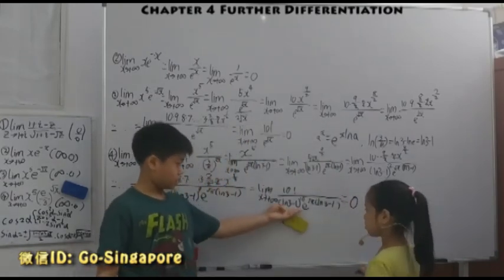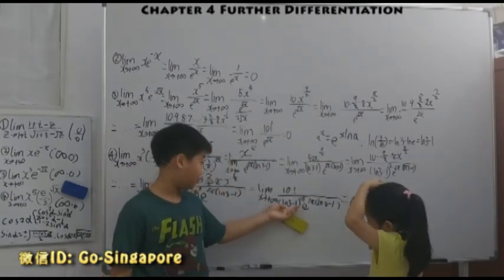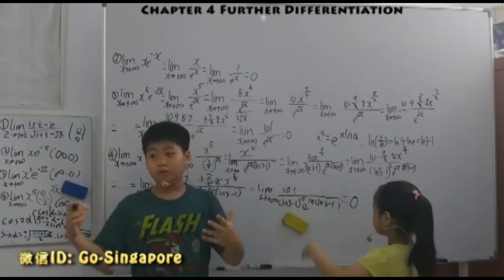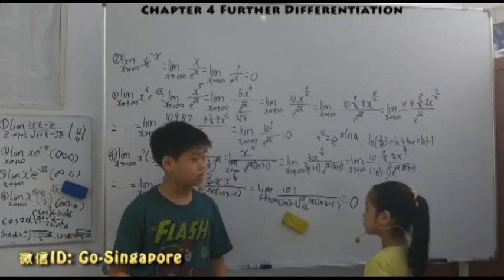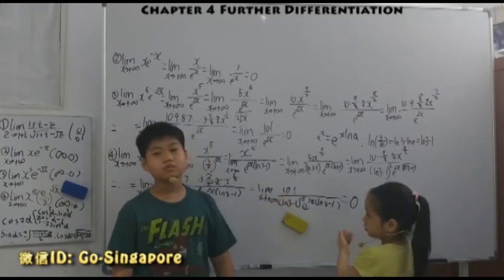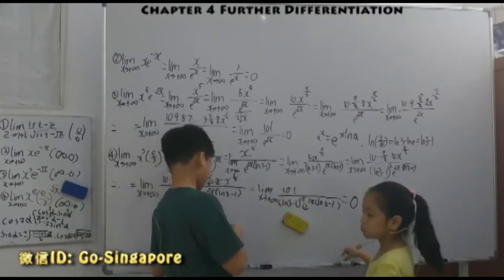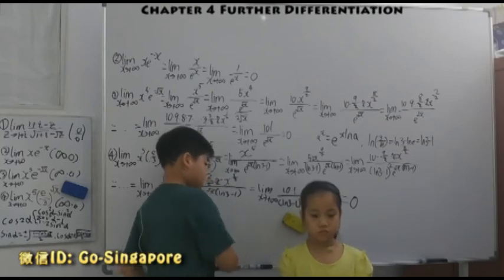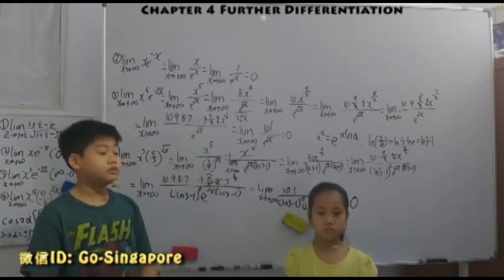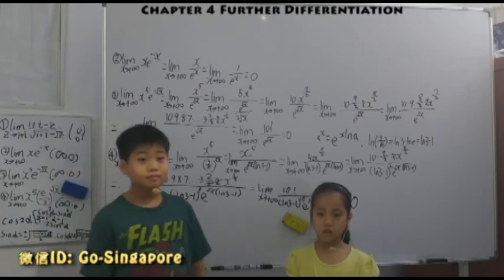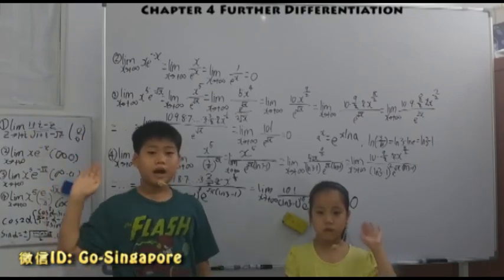I want to ask you, is this a whole number? It's a number, right? So a number over a number times infinity. That means it's a number over infinity, so that means it's 0. Do you understand? And this will be the end. Okay? Bye.